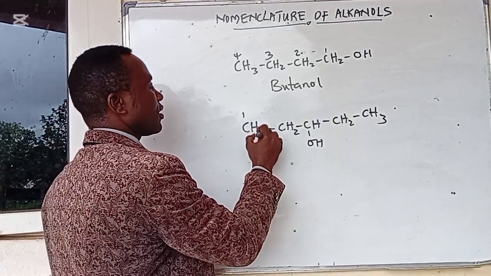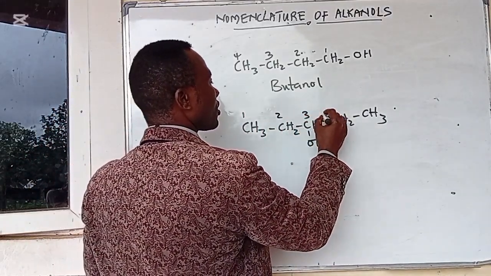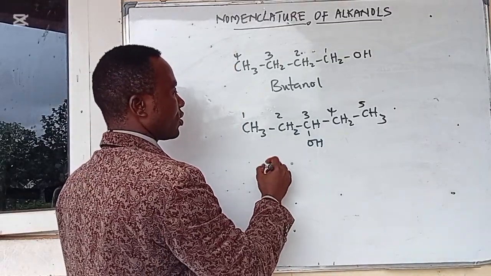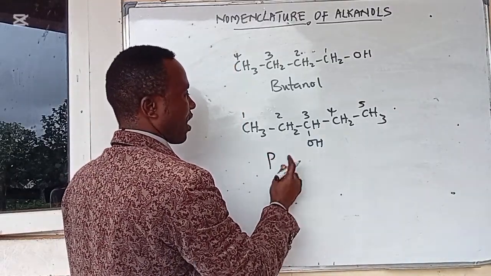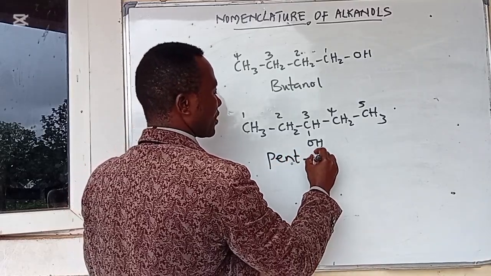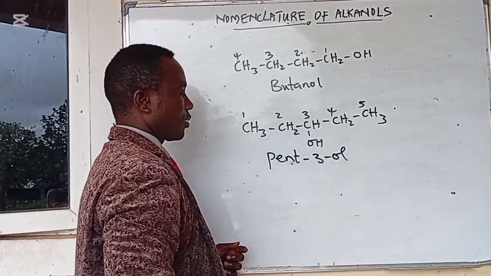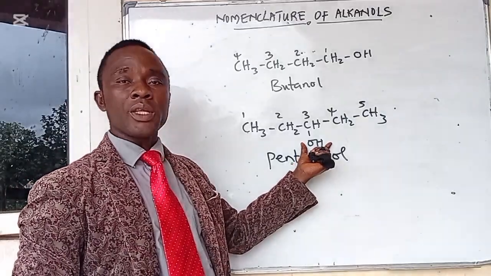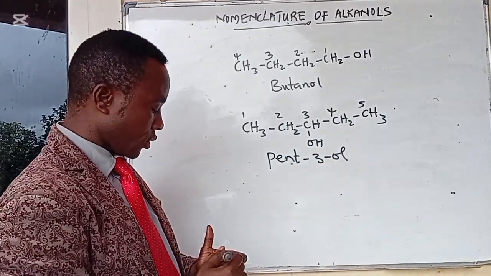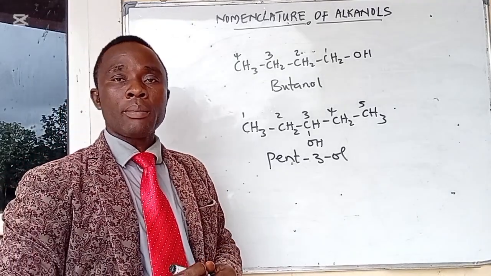So we can take any side, which is 1, 2, 3, 4, 5. This is a 5 carbon atom, which is pentan-3-ol, to show that the hydroxyl group, the ol group, is at the third carbon atom. So that is how to number alkanols.